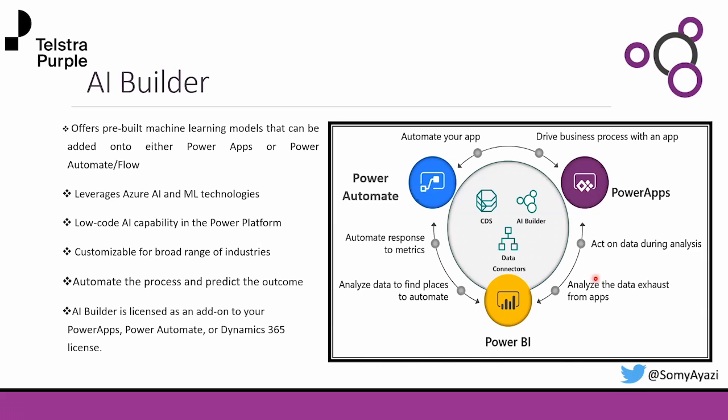And through Power BI, you have the option to analyze your data, to analyze the outcome of the process or the application that you already built, and you can improve and enhance that application by going through this iteration and going through this cycle.